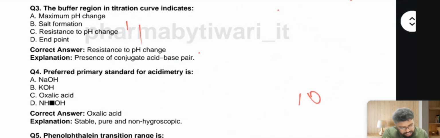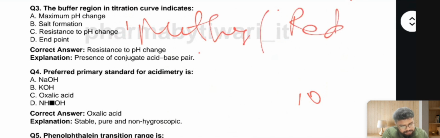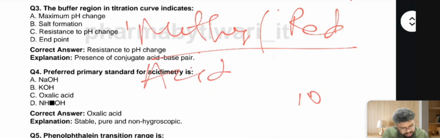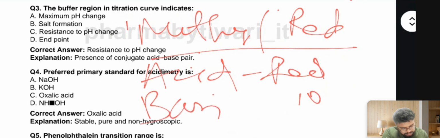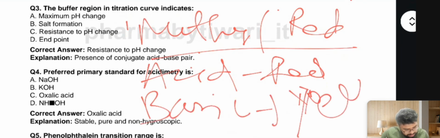Second, methyl red. In acidic medium it produces red color, in basic it produces yellow color.